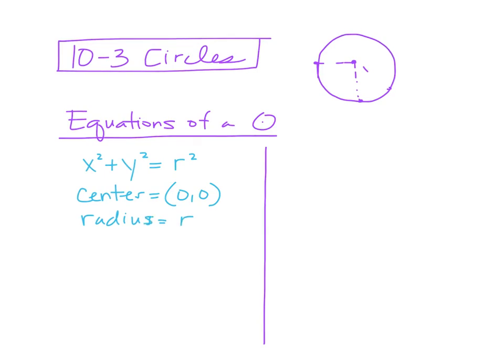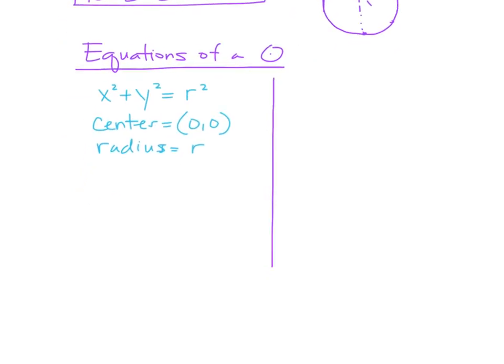Okay, so notice it's an r squared there. Your radius is r. So if I were to graph this, my center is 0, 0, and then whatever length is r, we would go a length of r in every direction. R units this way, r units this way, r units this way, and what we would get is a circle.